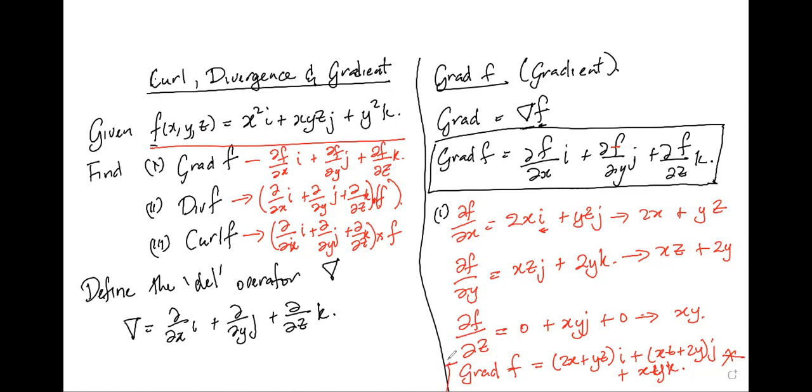I think he's mentioning the fact that because each one of them includes the partial derivative of f with respect to x, y, and z, once you calculate grad f, we have a piece of the puzzle to solve div f and curl f.